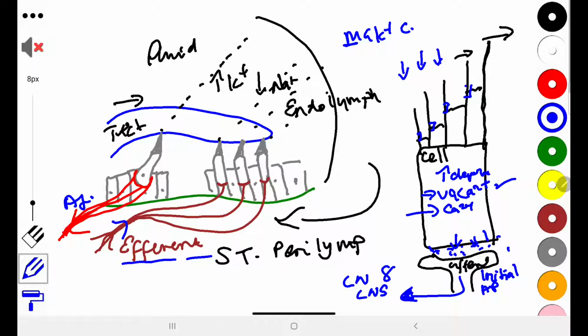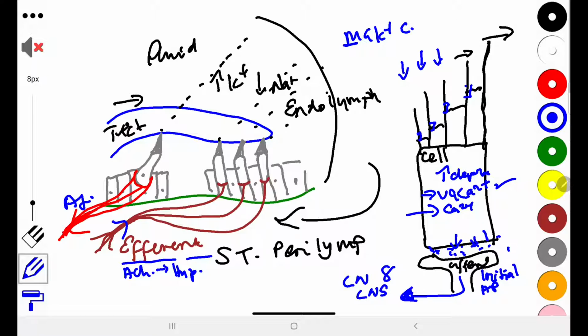These release ACh onto these cells, and they cause them to hyperpolarize. If they hyperpolarize, it means there is a reduction in the amount of neurotransmitter that is then released from the outer cells.